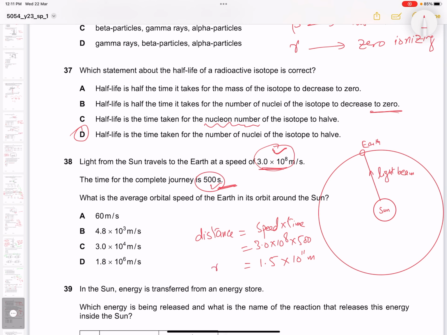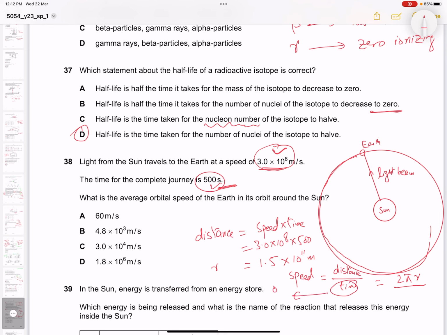Since we have to find the orbital speed, you know speed is equal to distance over time. But here the distance will be that of one complete orbit, which will be 2 pi r, and the time is 1 year.